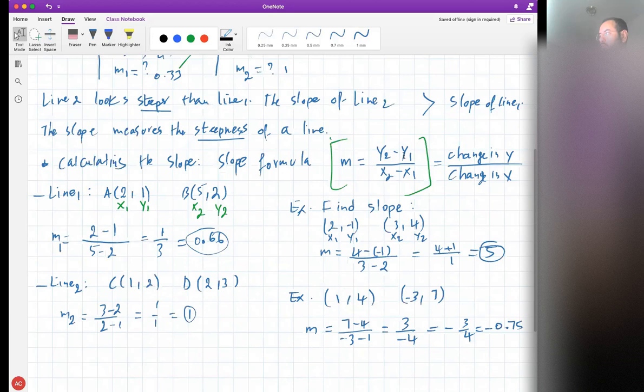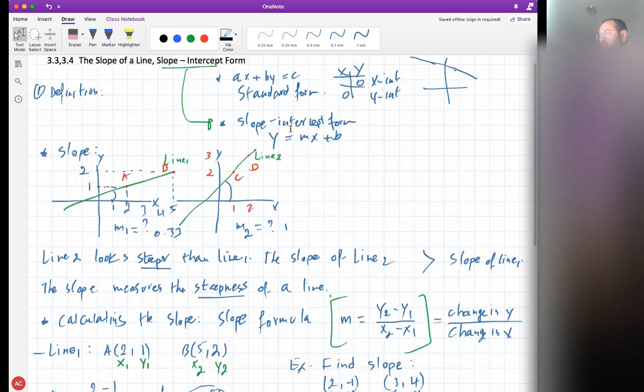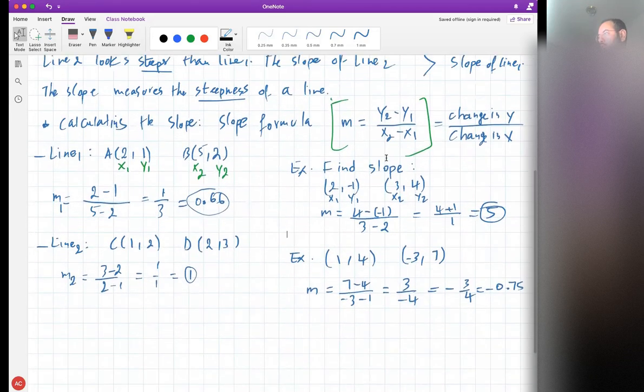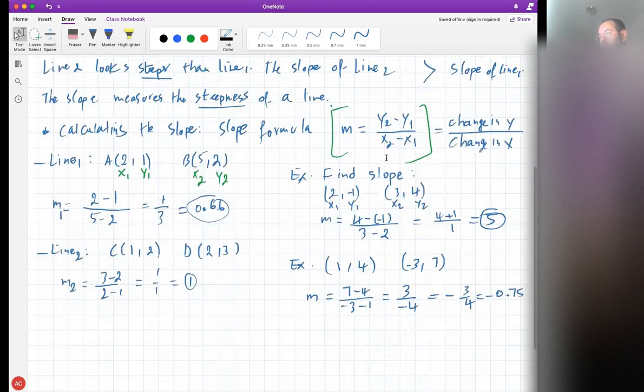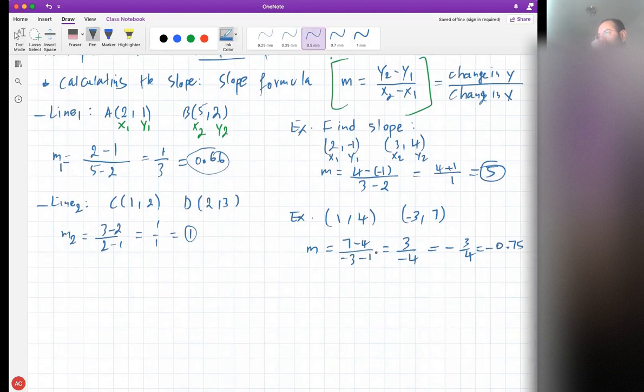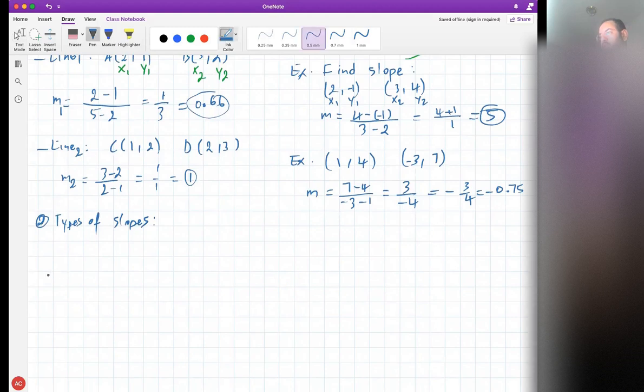On the slope itself, this is the formula for the slope, how to measure it. Before we go to this formula, let's talk about the types of slopes. As I said, we have 4 types of them. So let's call this number 1, types of slopes. To understand the difference, we need graphs.